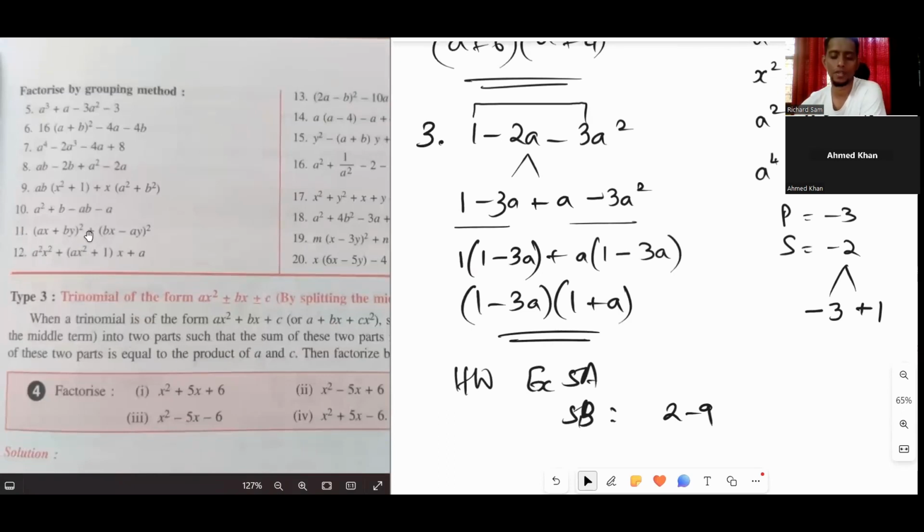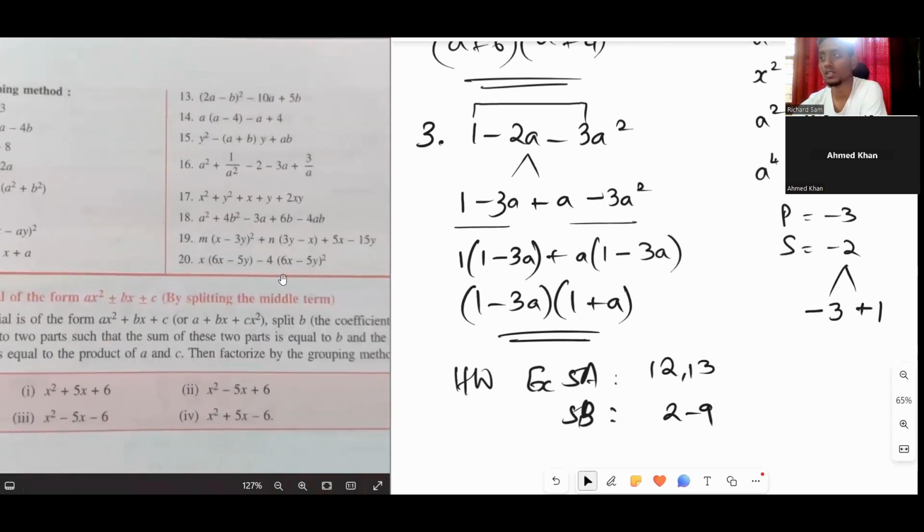Which shall I set from 5A? 4 and 5. 2, 3, 4. 12 and 13. And what's the last question? So till 16. Okay. So 12 till 16.